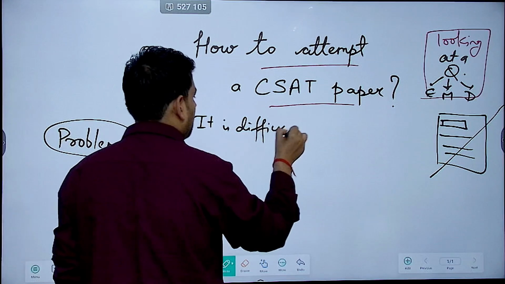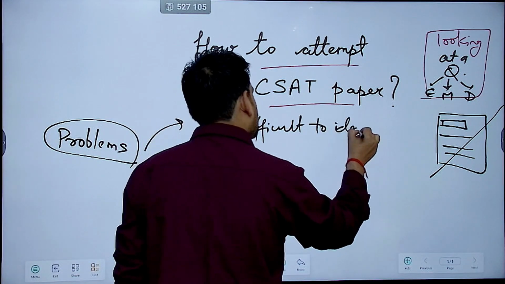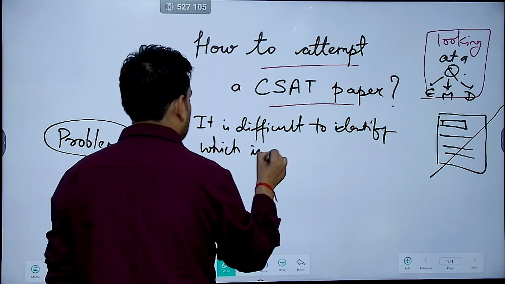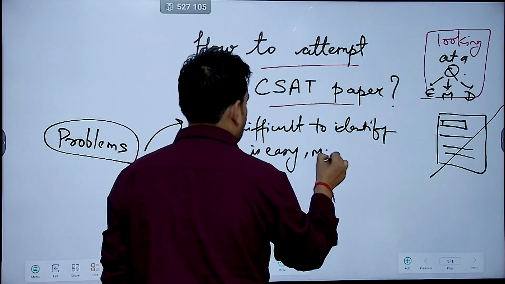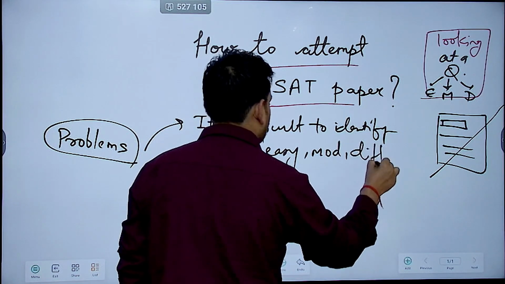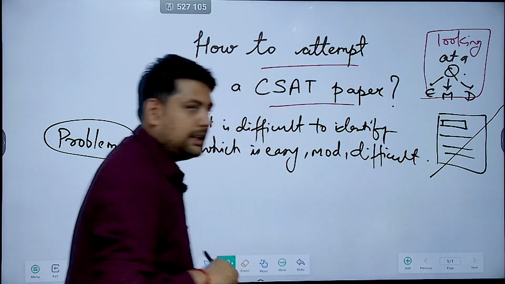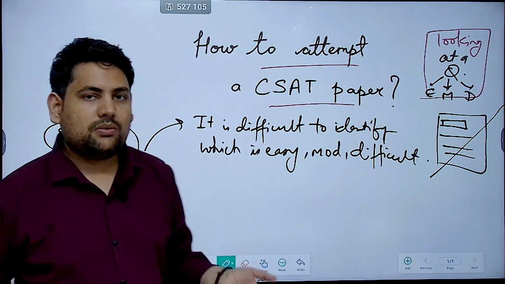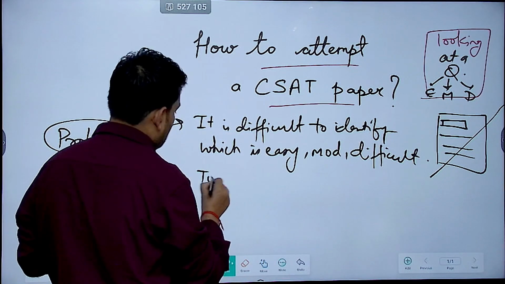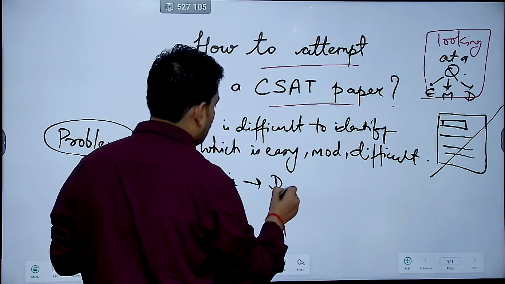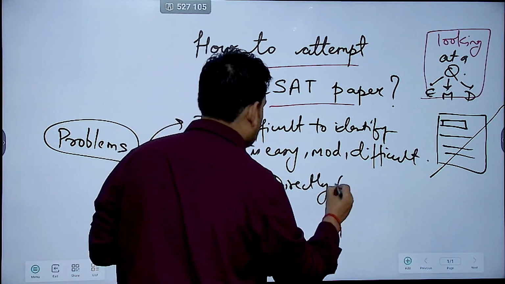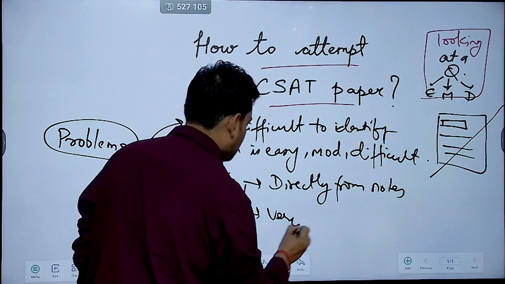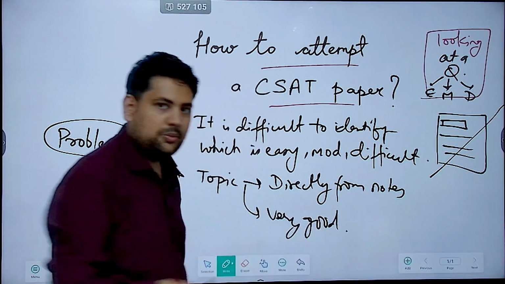it is difficult to identify which is easy, moderate or difficult. So sometimes you just pick a question and think this topic is directly from my notes, or I am very good at it, so I should be able to do this.